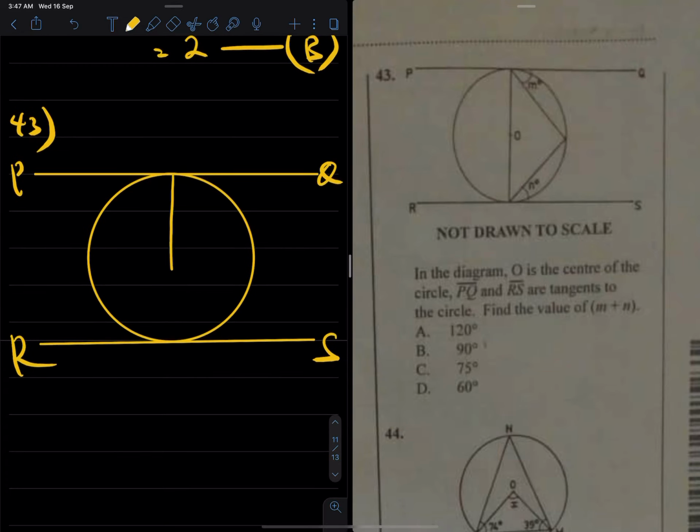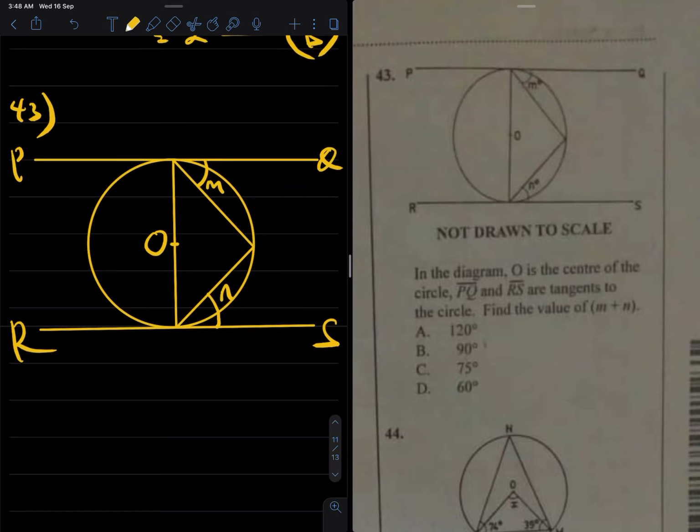Now, I have a line down there, another one here, another one here. This angle is N, and this angle is M. Now, in the diagram, O is the center. Okay, there's the center O. O is the center of the circle. PQ and RS are tangents to the circle. Find the value of M plus N.